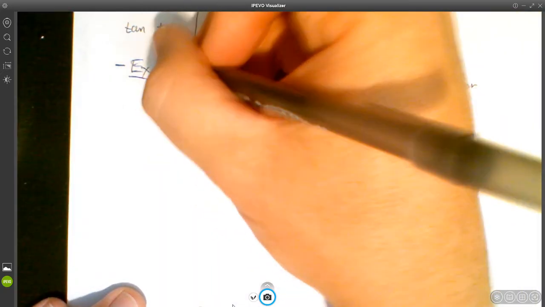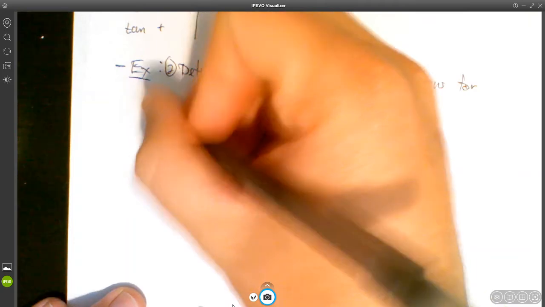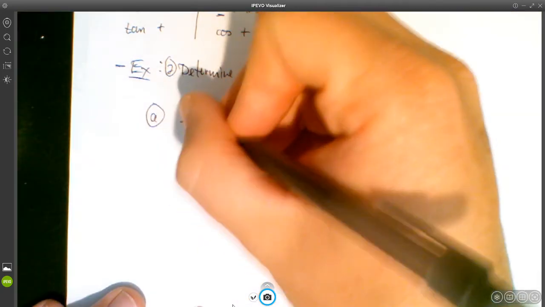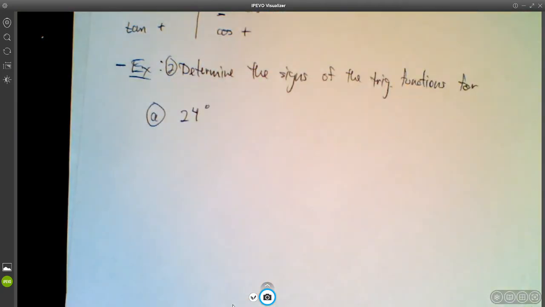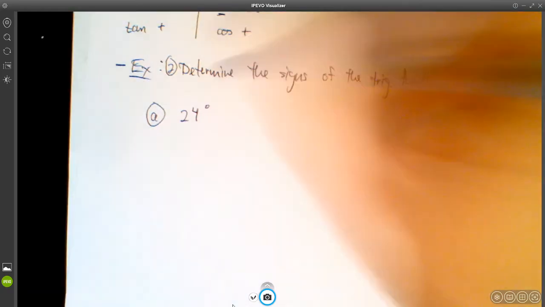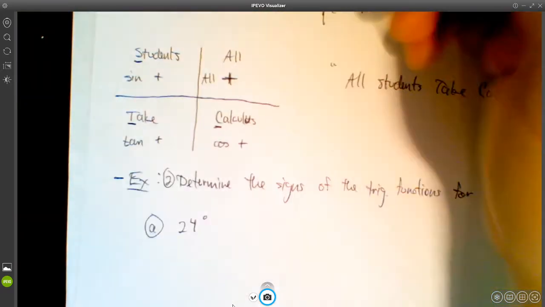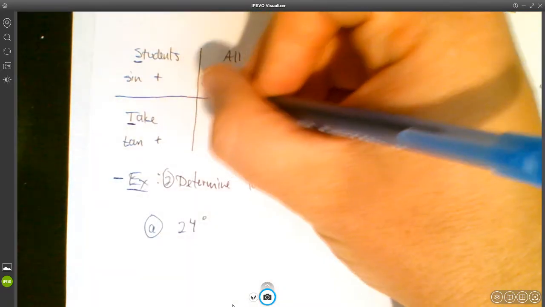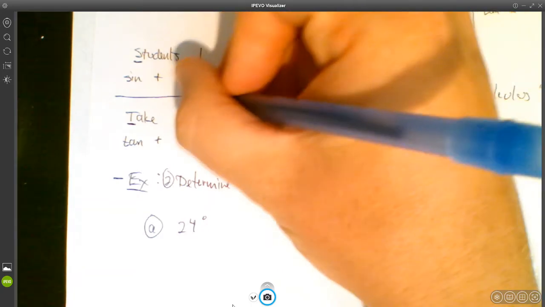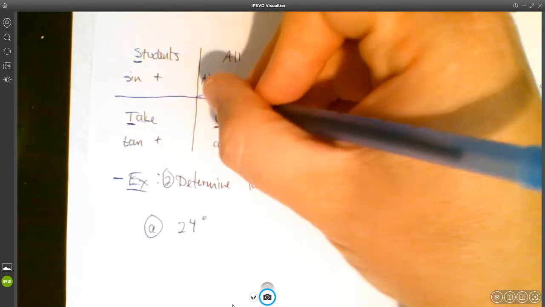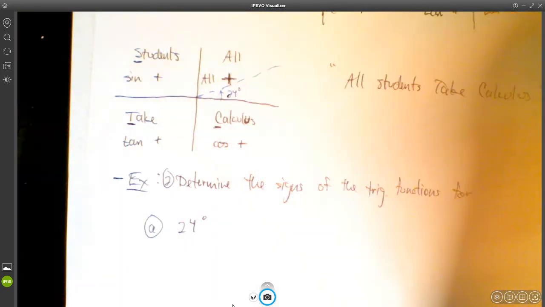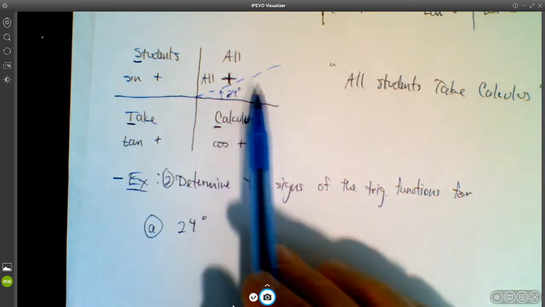So this is example 2, I guess. So for each of the following, let's do 24 degrees. So I'll walk you through this one. This is a really easy one, right? Because 24 degrees is in quadrant 1, isn't it? Right? 24 degrees would be maybe something like that, maybe 24 degrees, right? So 24 degrees is in quadrant 1.